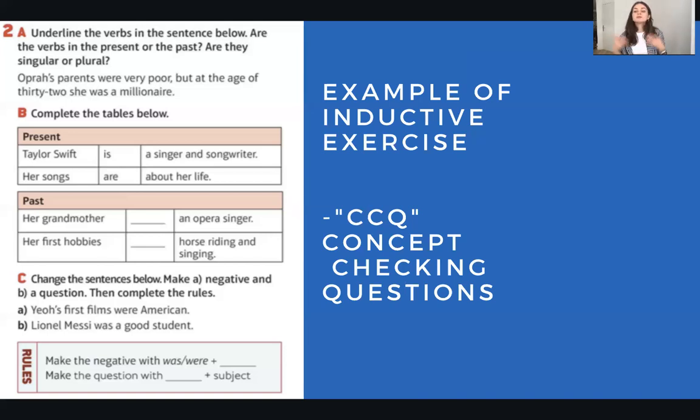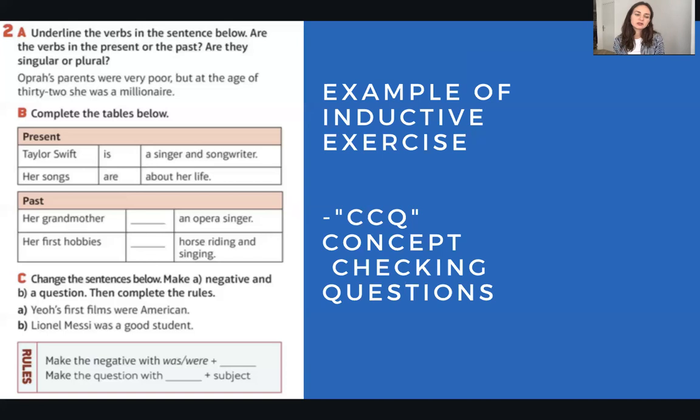And again, we already know how to make questions in present tense, so I may ask my student how to make questions in the past. And my student says that we need to put was or were before the subject.